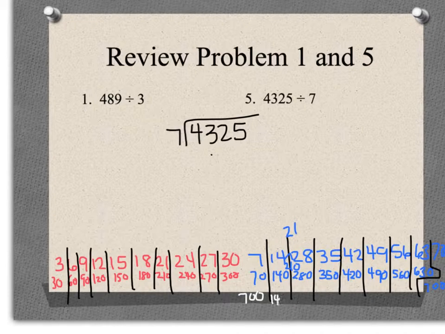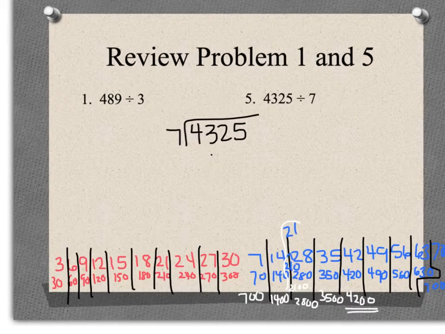This would be 1,400. Then 2,100, 2,800, 3,500, 4,200. 4,200 looks like a good number to subtract. 42 is 7 times 1, 2, 3, 4, 5, 6.